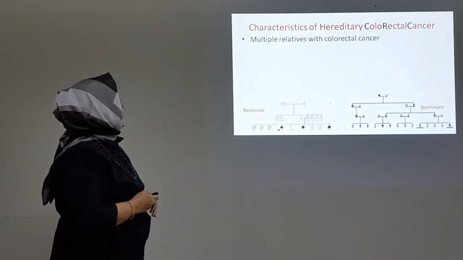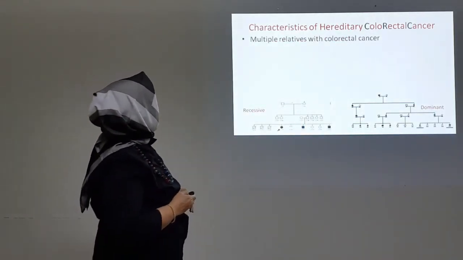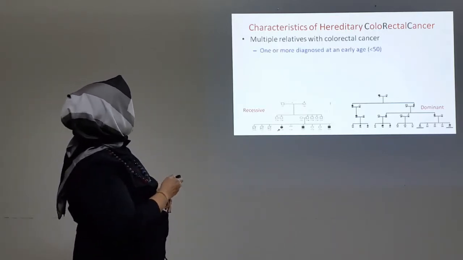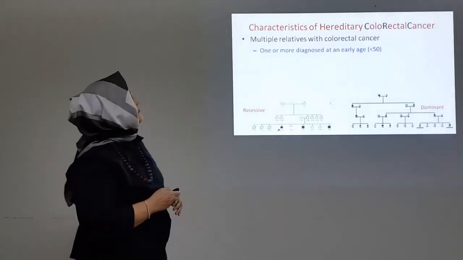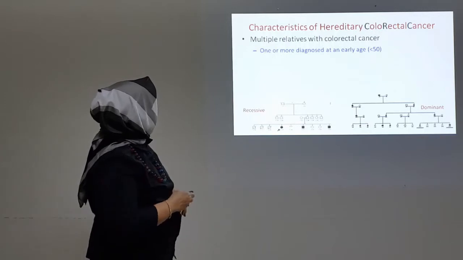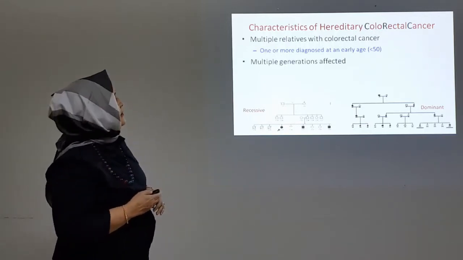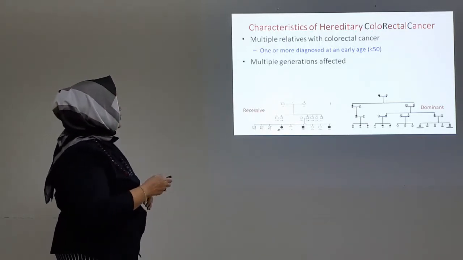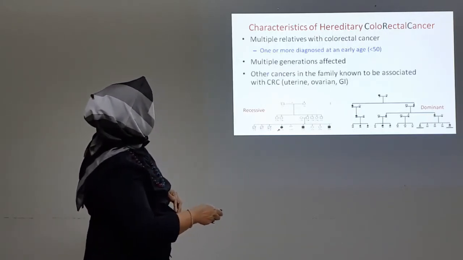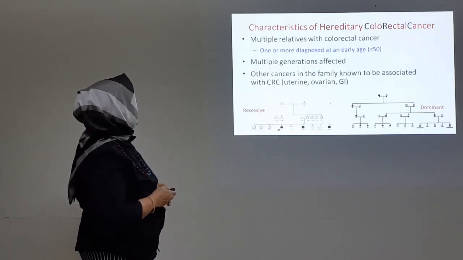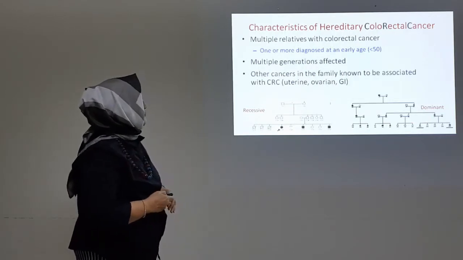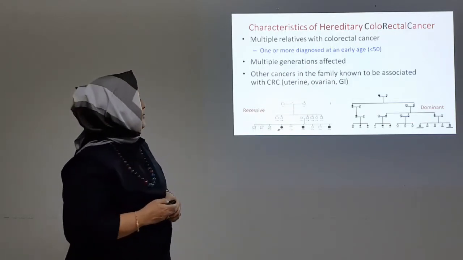The other cancer is colorectal cancer, also a quite common inherited cancer. You will see that there are multiple relatives, more than one affected in the family, and one of them may be diagnosed at a young age, before 50 years old, and also multiple generations. You can see here from the pedigree, this is the dominant type, so multiple generations are affected by cancer. And there is also the possibility of other cancers in the family.